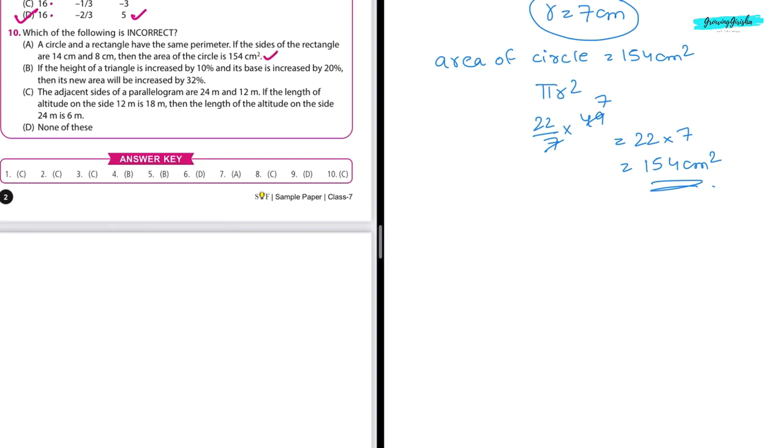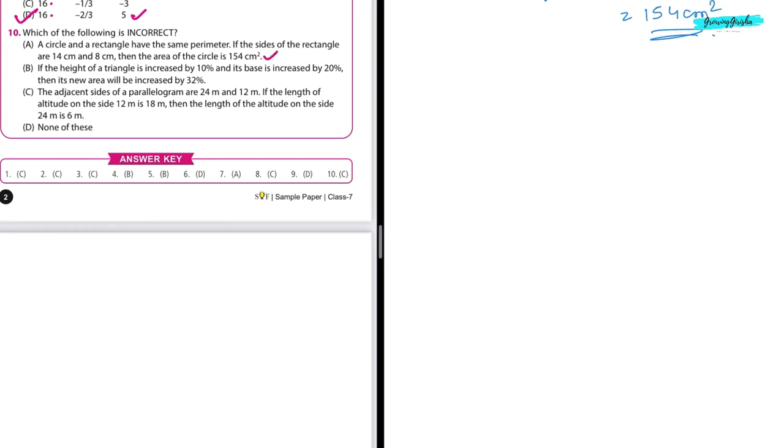Yes, option A has the correct statement. B. If the height of a triangle is increased by 10% and the base of the triangle is increased by 20%, then its new area will be increased by 32%.